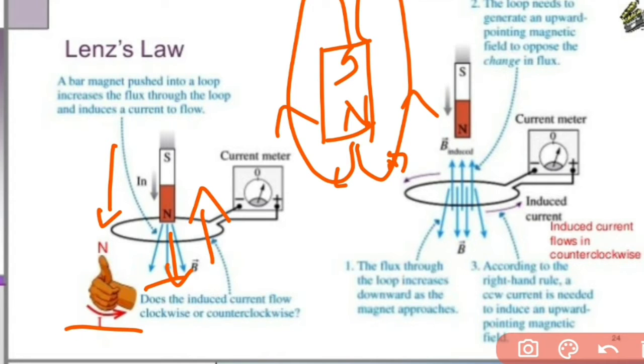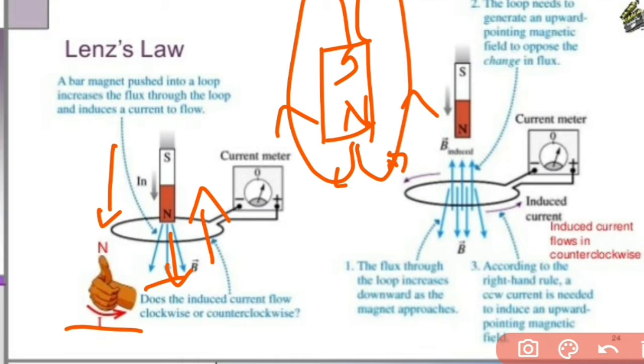Keeping the right thumb in the upward direction, curl the fingers of the right hand. The direction shown by the curling of the fingers gives the direction of induced current. So here we can see that it is in the anti-clockwise, or counter-clockwise, direction.